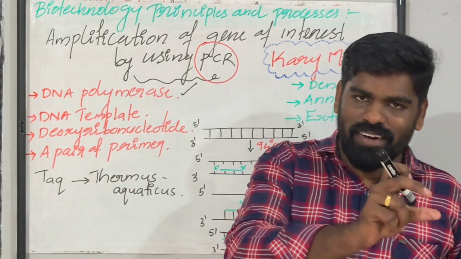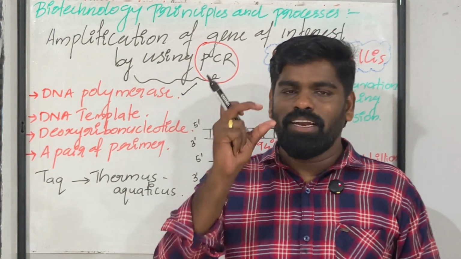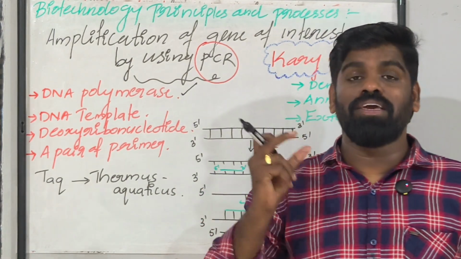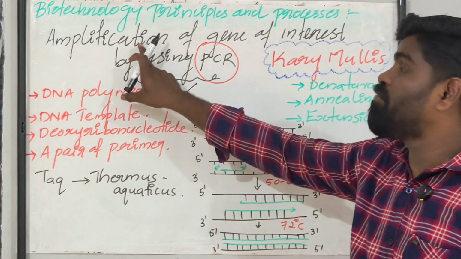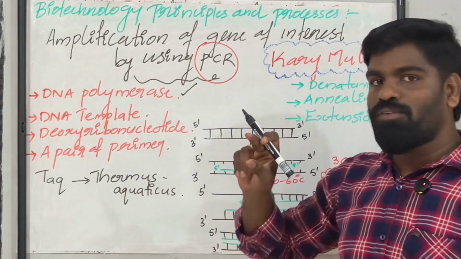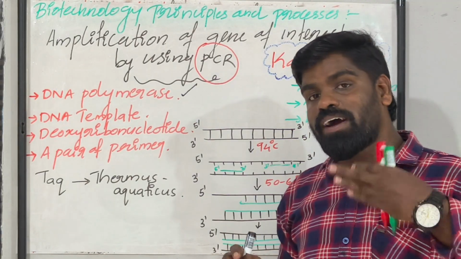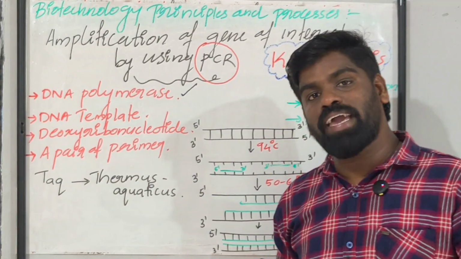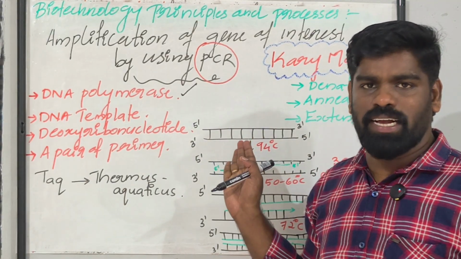Now that particular gene, we have to make multiple copies of. That is amplification. Gene of interest is the desired gene. Now how are we amplifying the DNA? By using PCR, polymerase chain reaction.